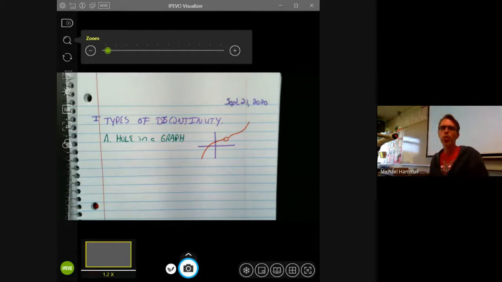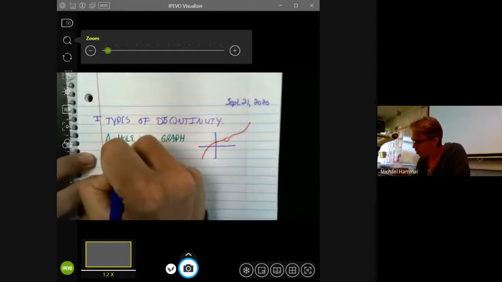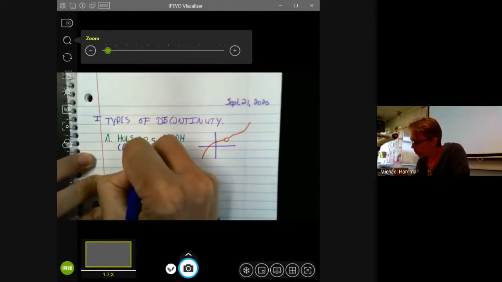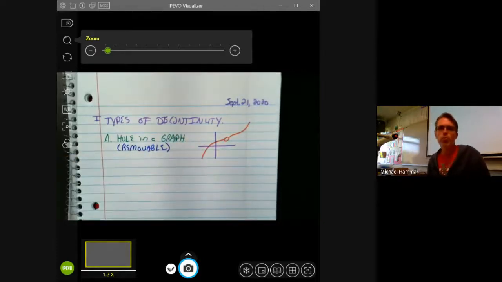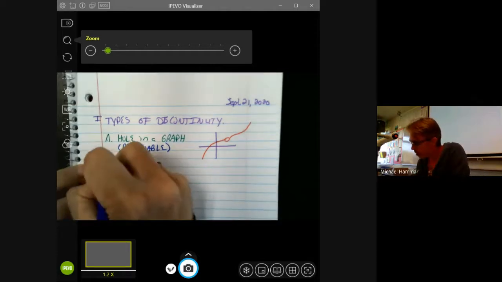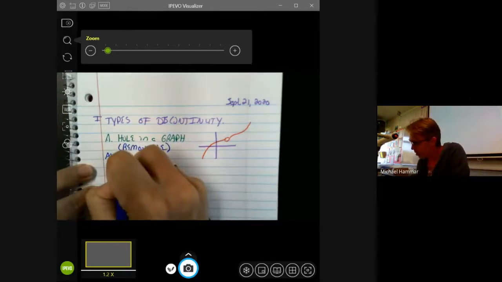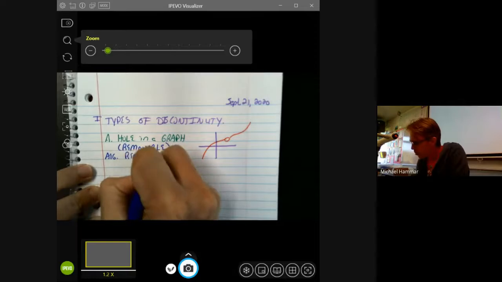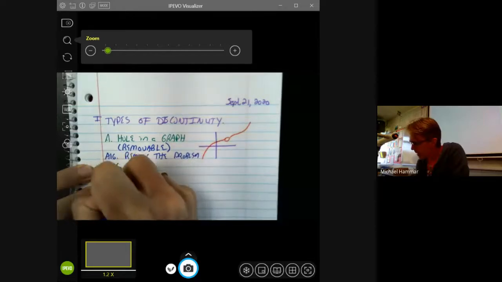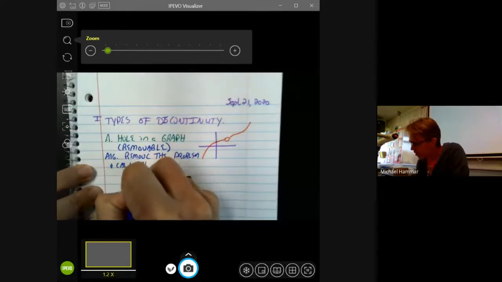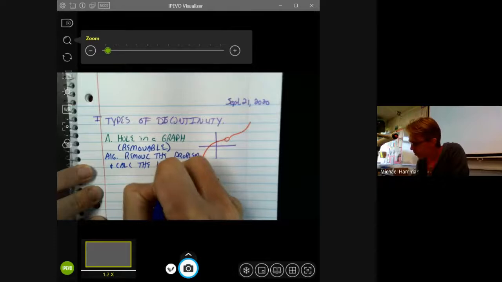This is the only one that we actually call removable. Okay, what removable means is you can algebraically remove the problem and calculate the limit.